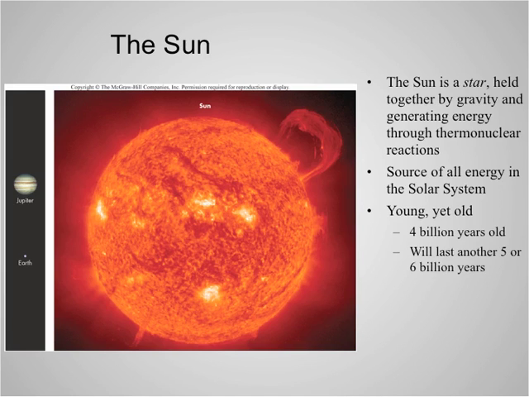All of the planets, dwarf planets, comets, and asteroids orbit the Sun in our solar system. The Sun is about a middle-aged star, having lived through about half of its lifetime. Its total lifespan will be about 10 billion years, and we are now at about the 4 billion year point.